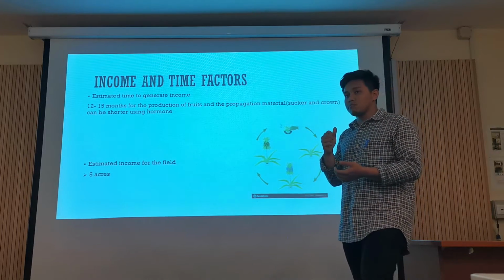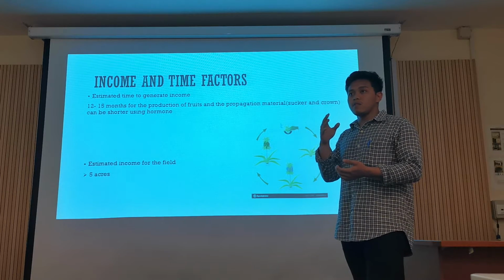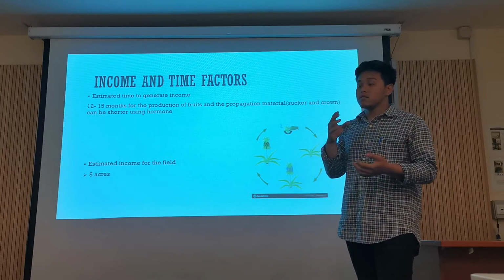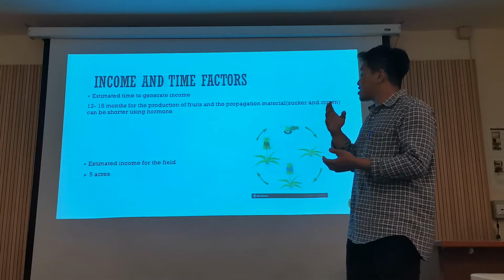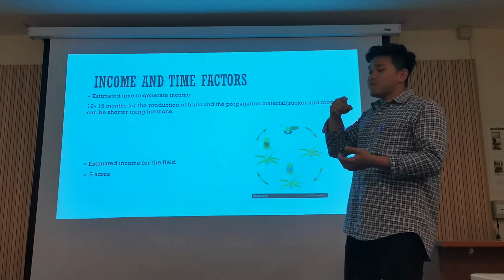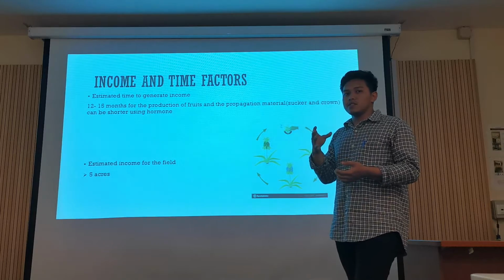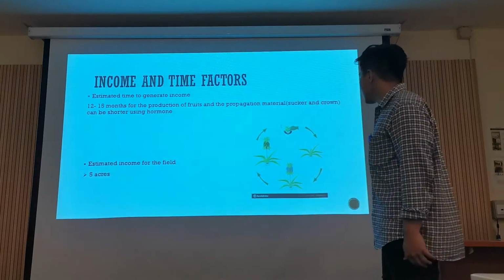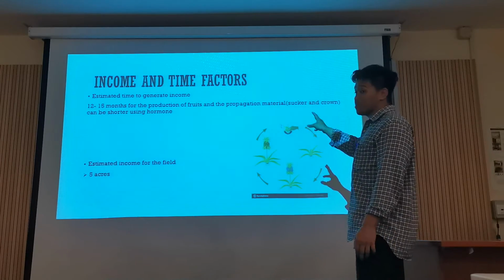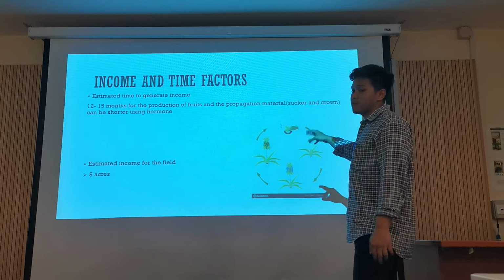Mainly we sell the fruit, and another source of profit is selling propagation material like suckers and clones. The estimated time can also be shortened if we use hormone that stimulates the growth of the pineapple. So this is our life cycle of the pineapple, about 12 to 40 months, and it can be shorter if you use hormone.